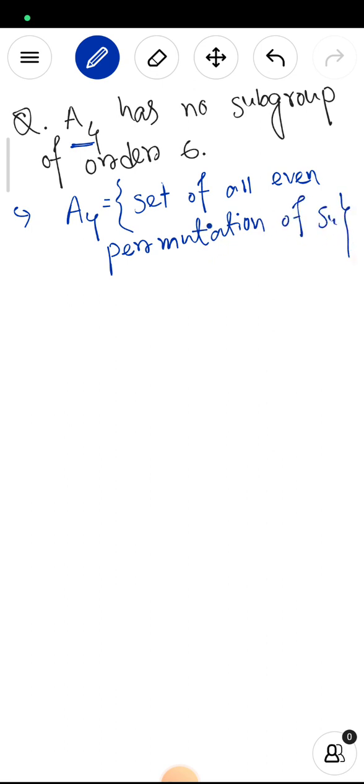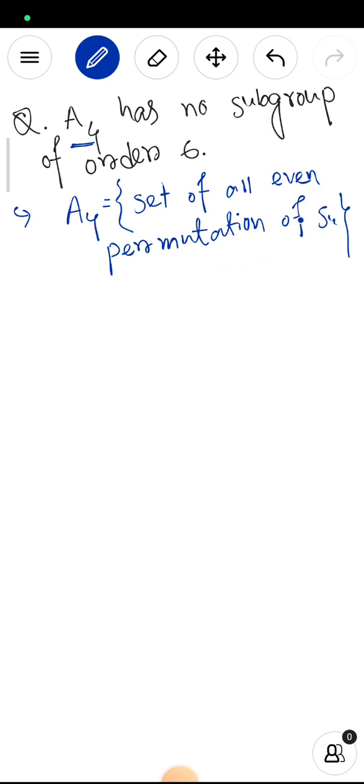Before we proceed, I already assume that we all know what is A4, what is S4, what is a subgroup, what is the order of a group. I assume that we all know that.